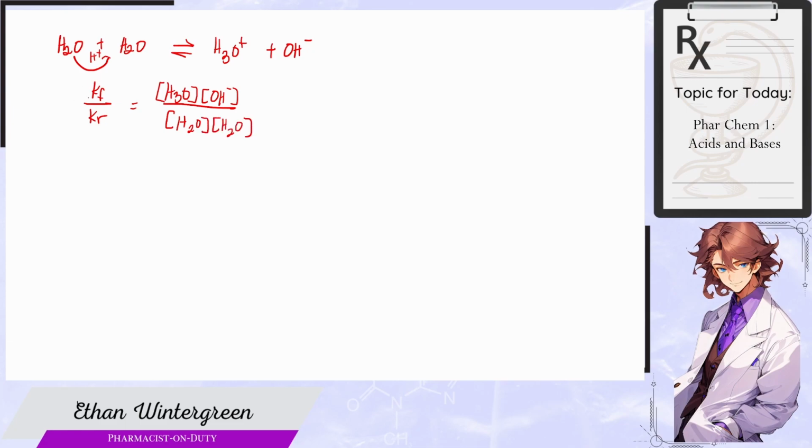Now this one is equivalent to KEQ. So let's rewrite it as KEQ instead. Now, earlier in our discussion of acids, we said that water's concentration is constant. It's constant at 55.4, meaning this is constant, this is constant.